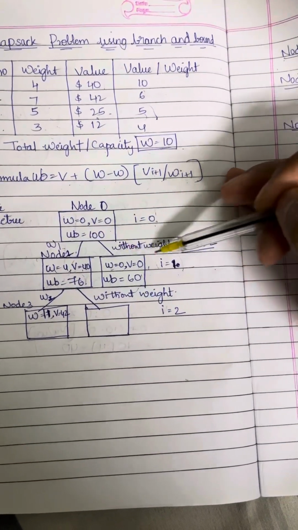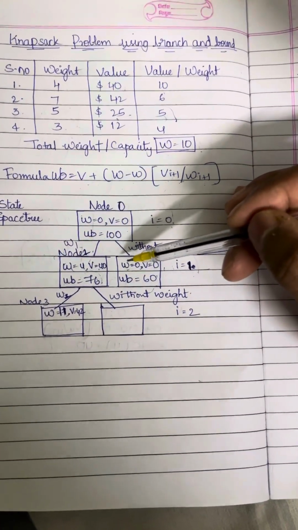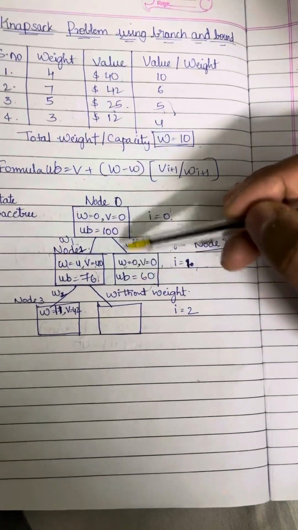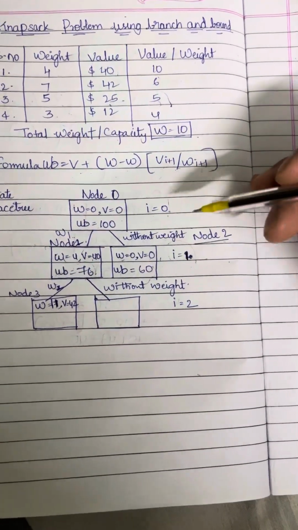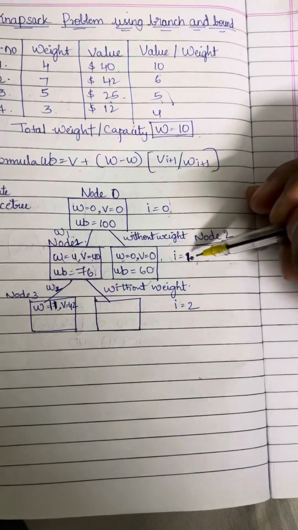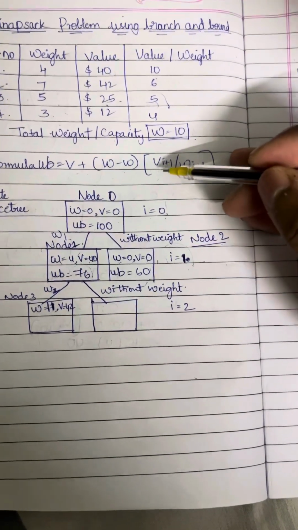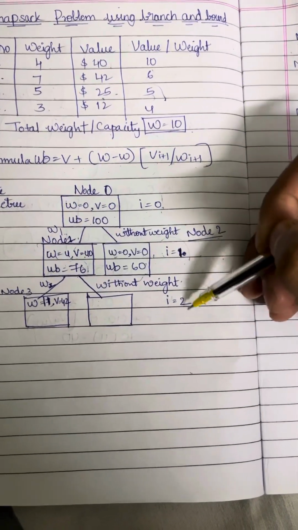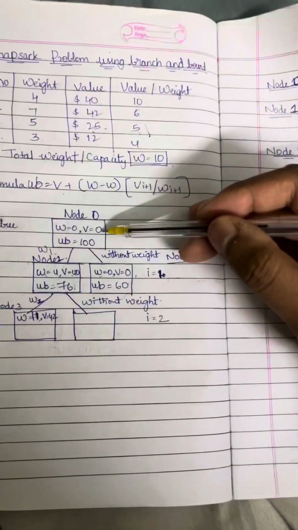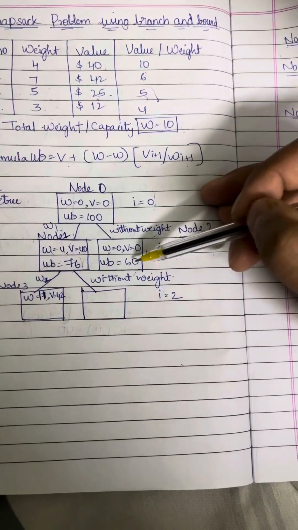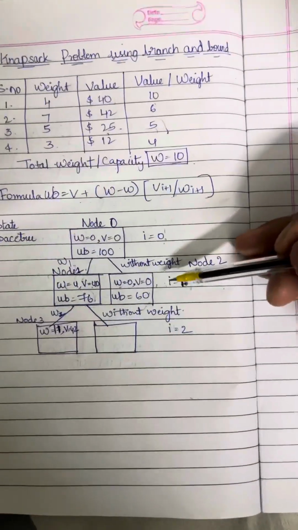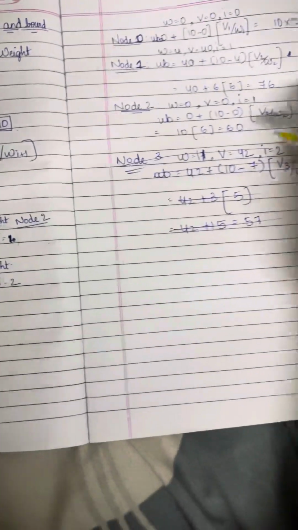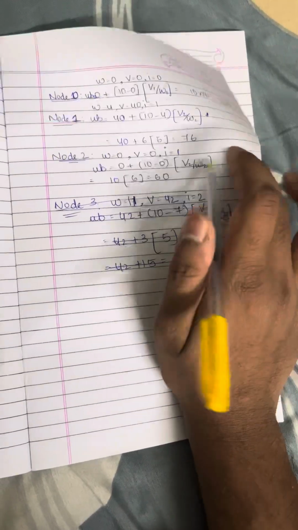Now we are taking without weight, right? Now without weight, the weight is 0 and the value is 0, but the I value is 1. Here the I plus 1 always increases. If you are on the first level, you will get 0; second level, I is equal to 1; third level, I is equal to 2. So I value is 1, so we will get a different value.